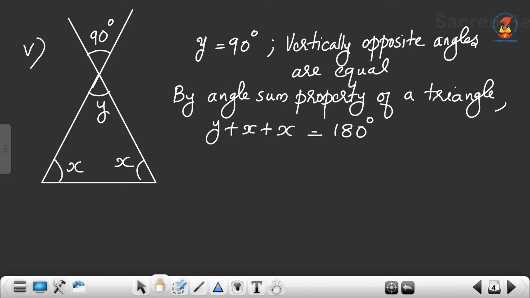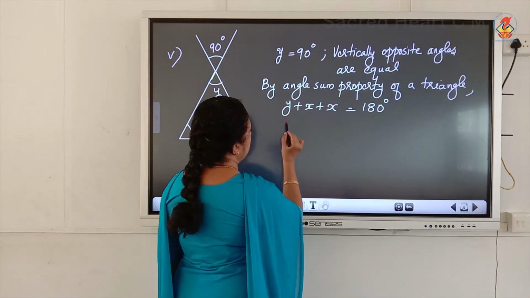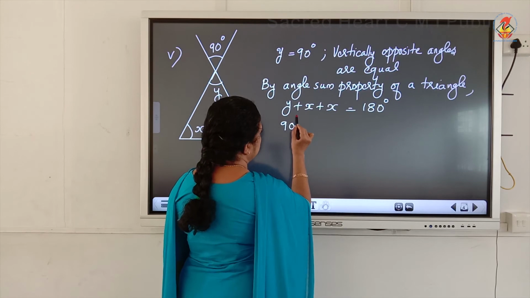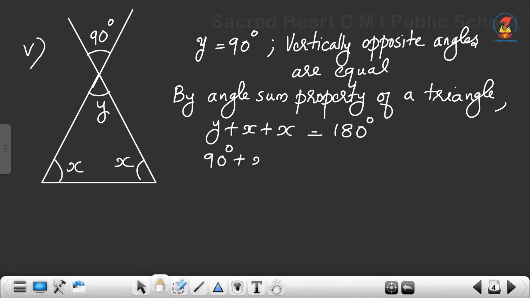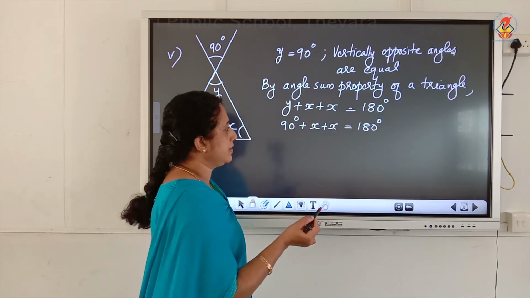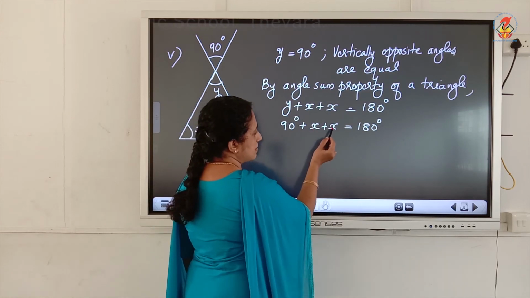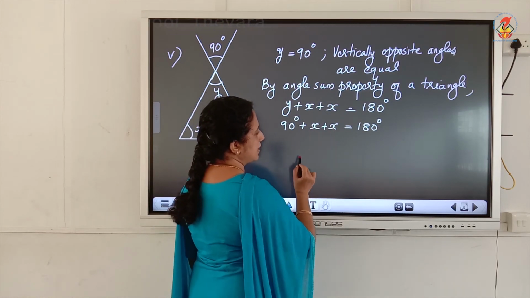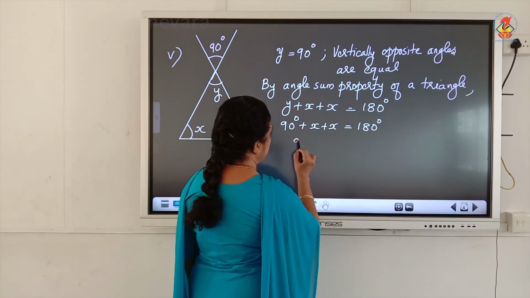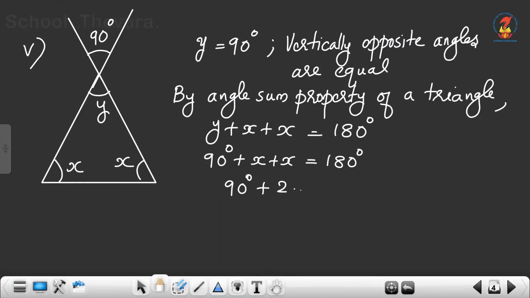The sum of the measures of the three angles of a triangle is 180 degree, and we got the value of y equal to 90 degree. Therefore 90 degree plus x plus x equal to 180 degree. Now x and x are like terms, we can add them. x means 1x, here also 1x, 1x plus 1x equal to 2x. Therefore 90 degree plus 2x equal to 180 degree.